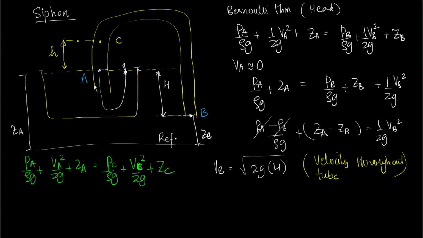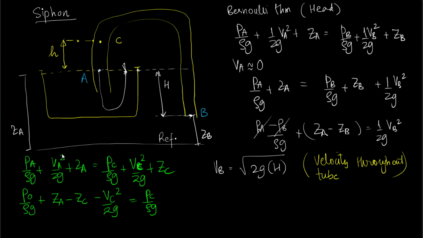Now PA is equal to the atmospheric pressure, and let us call it as P naught. So it is P naught upon rho g plus VA squared. So VA can be neglected. It's not 0, but it can be neglected. So plus ZA minus ZC minus VC squared upon 2g.